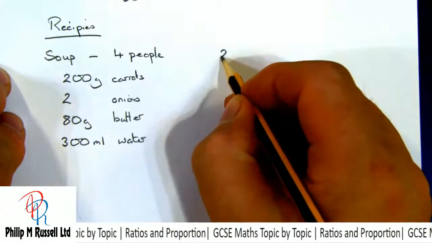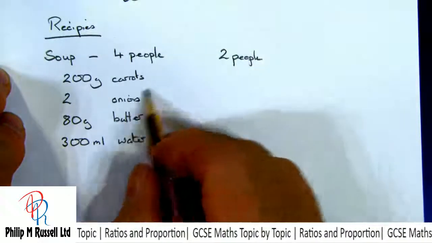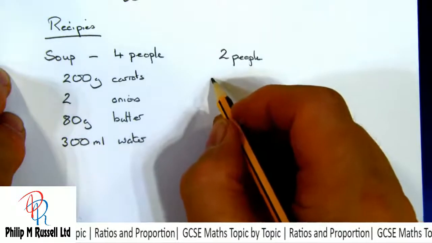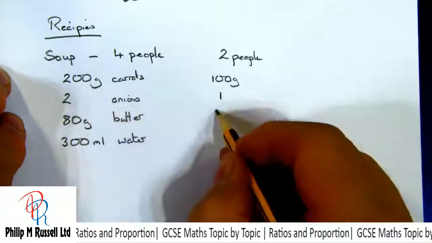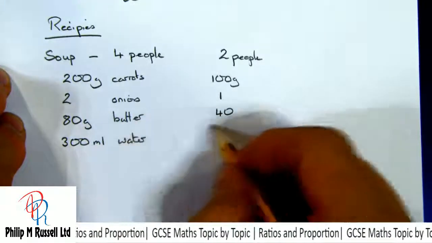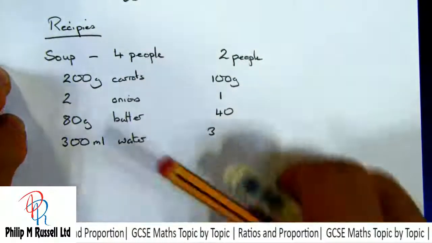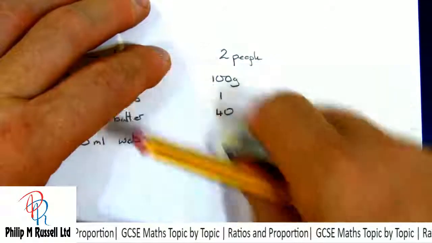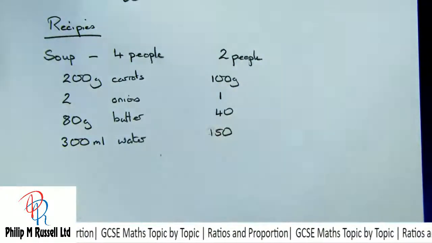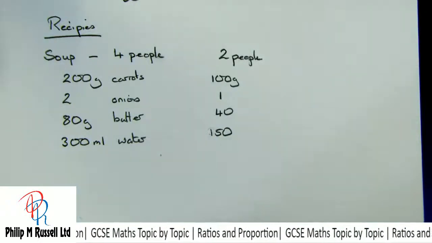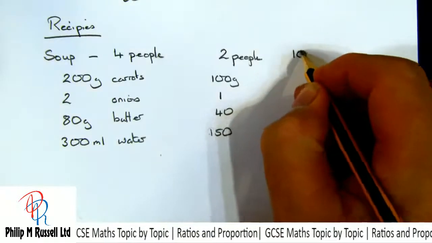So if I want it for 2 people, then we're simply going to require half the amount. 100 grams of carrots, 1 onion, 40 grams of butter, and the 300 will become 150 mils of water. Let's suppose we're asked for 10 people.